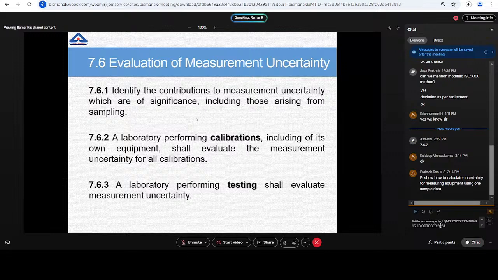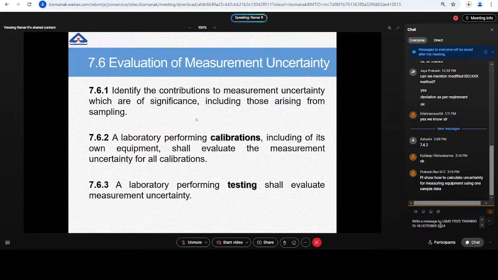The next thing is 7.7, ensuring the validity of test results. Here we are doing the testing activity. We are recording all the original data, and for that we are calculating uncertainty also. But how good, how reliable, how accurate are our results?